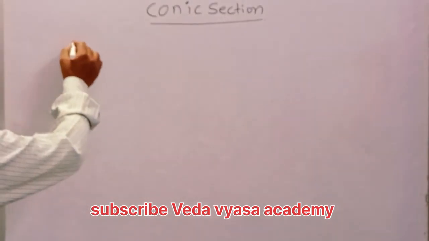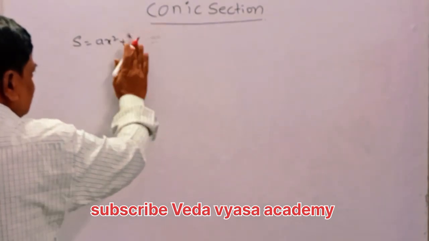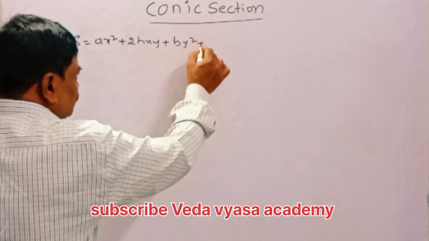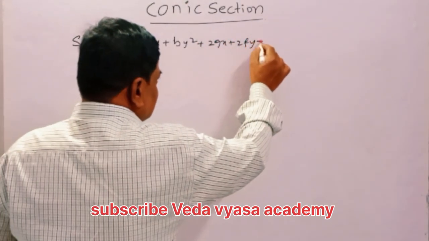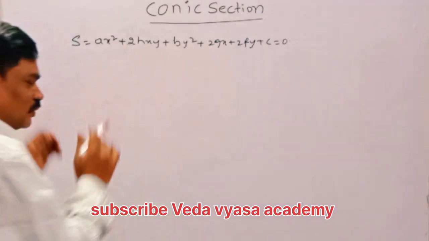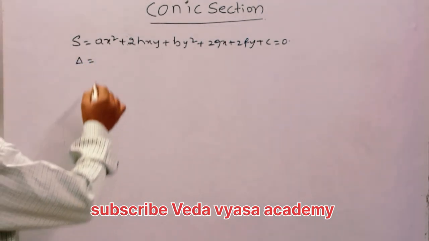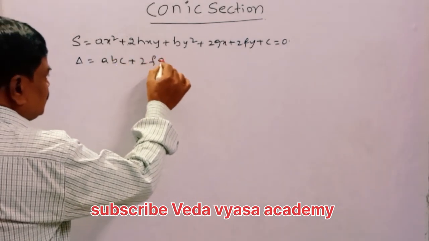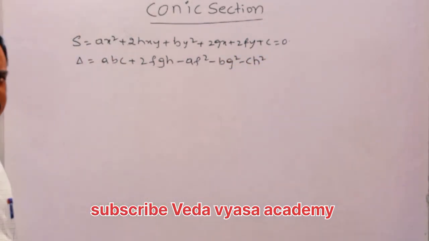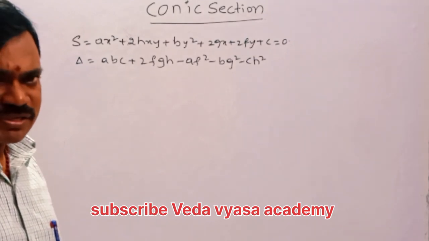The equation of the conic section is S = ax square + 2hxy + by square + 2gx + 2fy + c = 0. This is the discriminant of the conic section: delta = abc + 2fgh - af square - bg square - ch square.